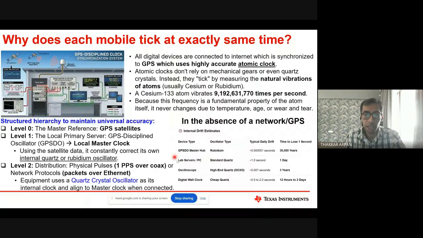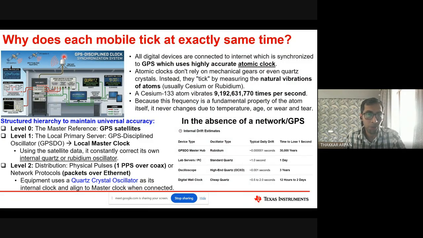Now if you compare that with your PC or lab servers, every day you lose 1 second. So what does that mean? If you don't connect your PC to GPS or the internet, and GPS you can't connect to most of the time, though we connect our mobiles to it.